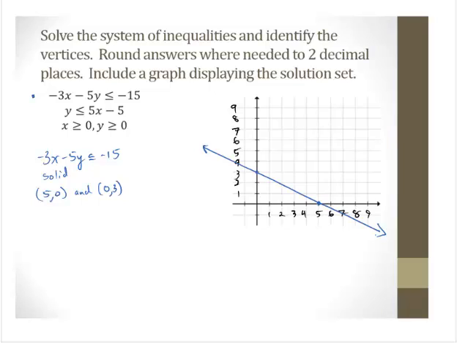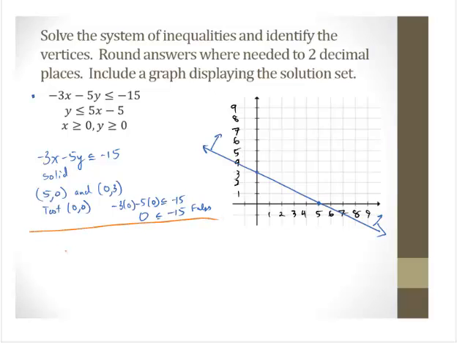Test a point. Let's test the origin. So let's see, negative 3 times 0 minus 5 times 0 is less than or equal to negative 15. Is 0 less than negative 15? That's false. All right, so for my blue inequality, I would be shading above.